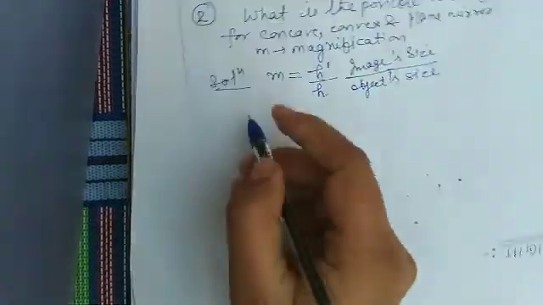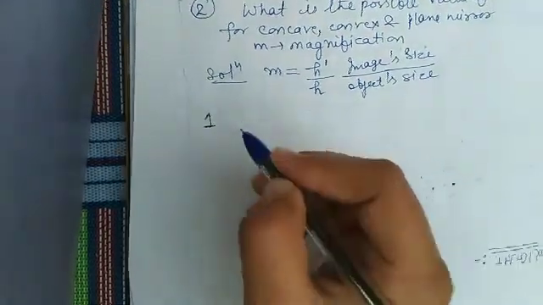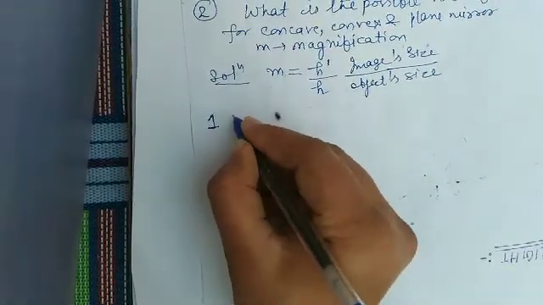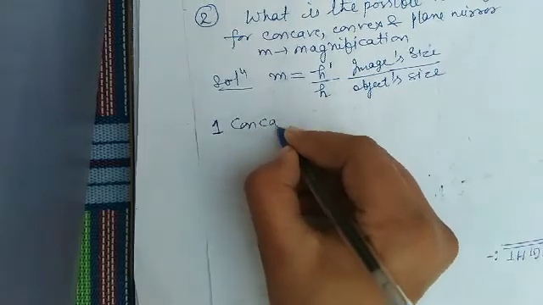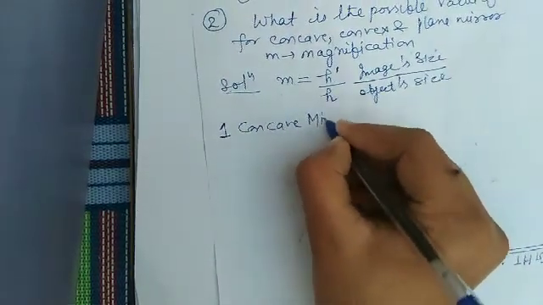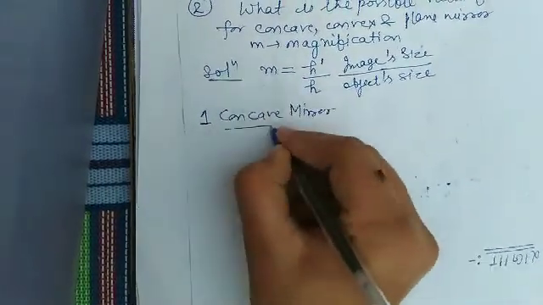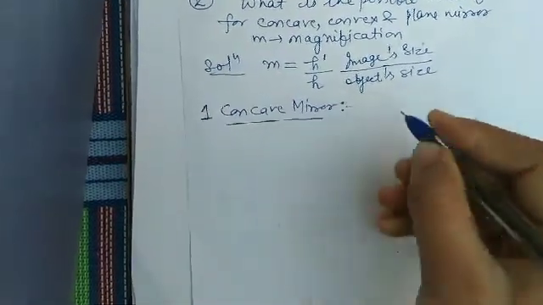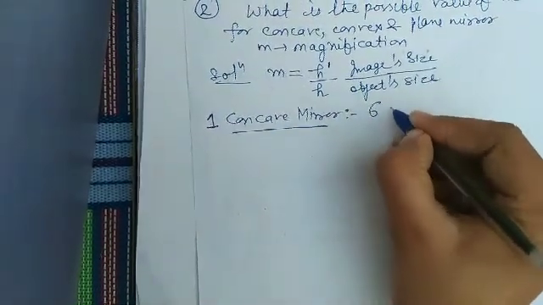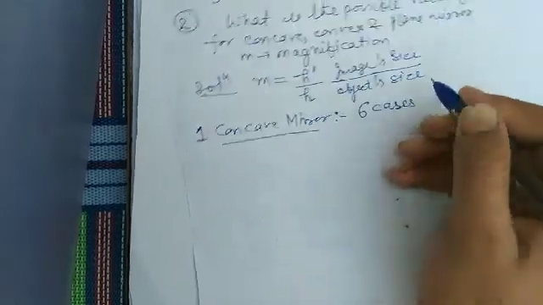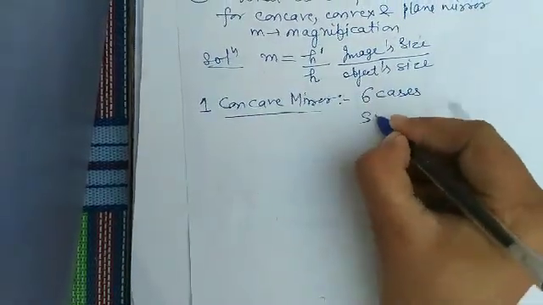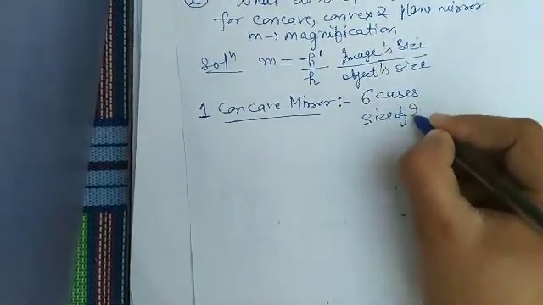Okay, now for first case, number 1, concave mirror. As in concave mirror, I have discussed 6 cases. In all the cases, size of image was different.